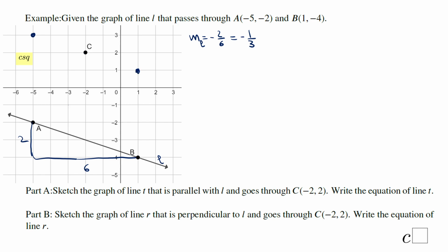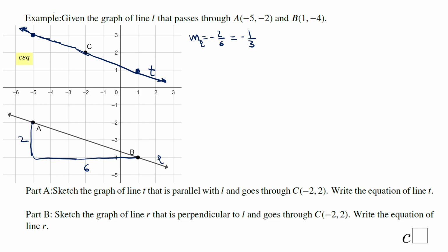That will give us a slope of negative 1 over 3. And now we can draw a decent line. So again, this is the line T that is parallel with line L. Okay.